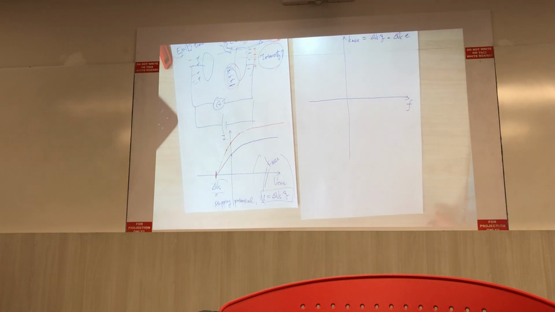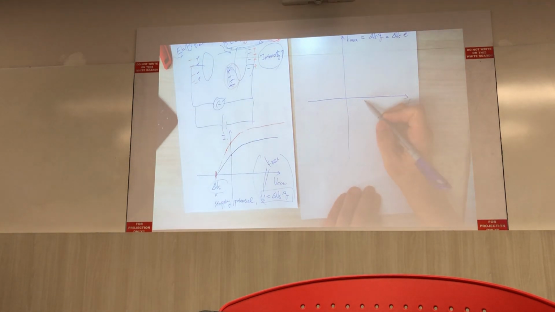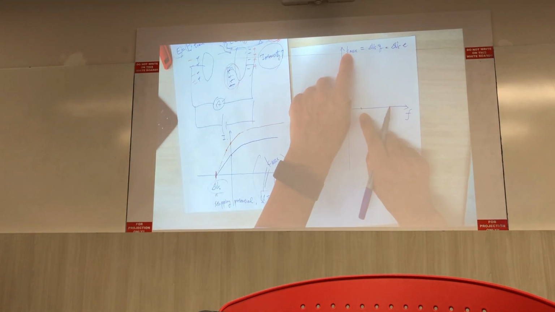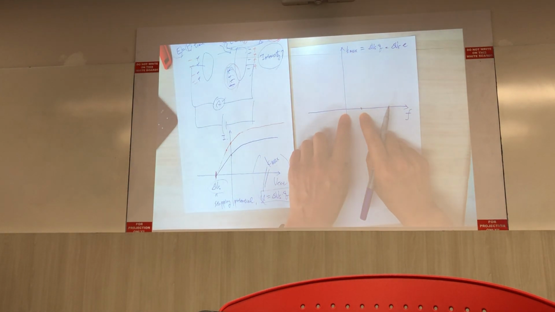Then I change the light source, let's say from the blue color to the ultraviolet color. I start from some frequency somewhere here, and at this frequency there is no photoelectric effect because my kinetic energy is 0.